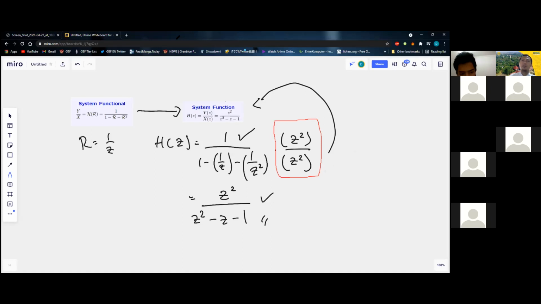Oh, okay, just to simplify. If we don't multiply with this one, the result is still correct, right? Yeah, the result is still the same. You can simplify it however you want, or just leave it. Okay, I understand. Yes, thank you.